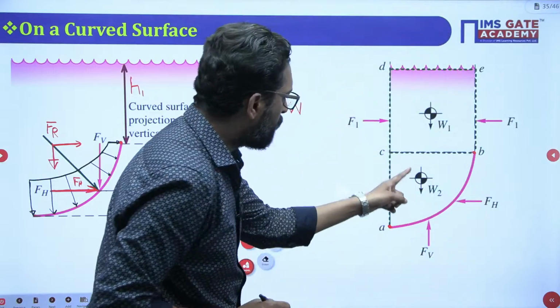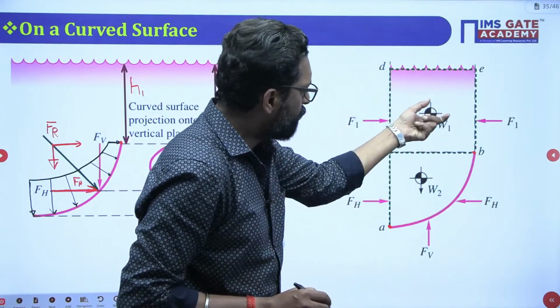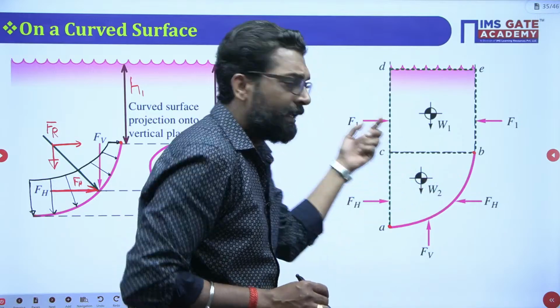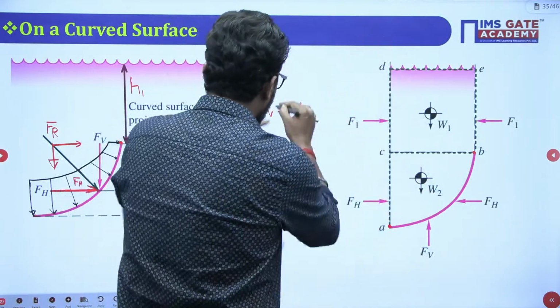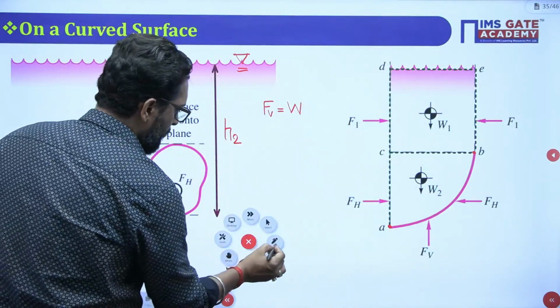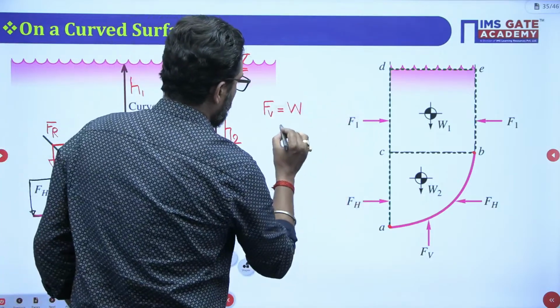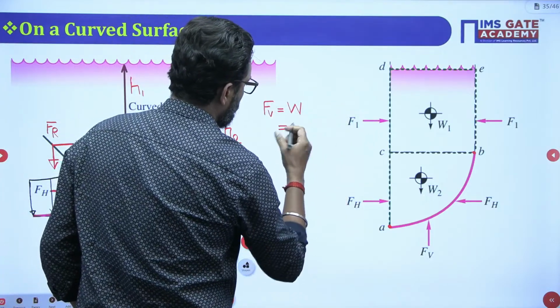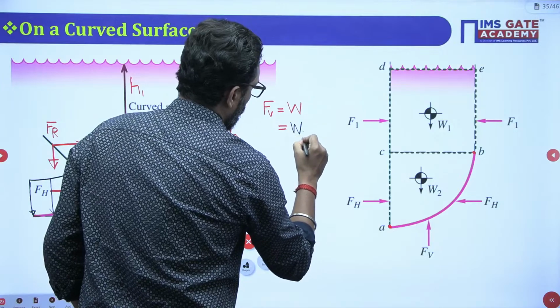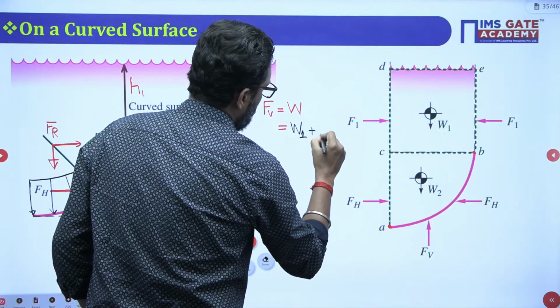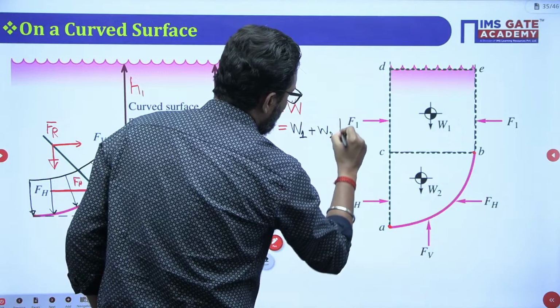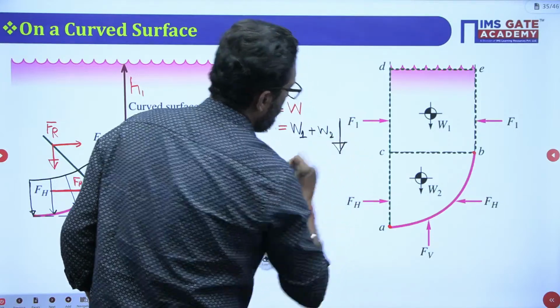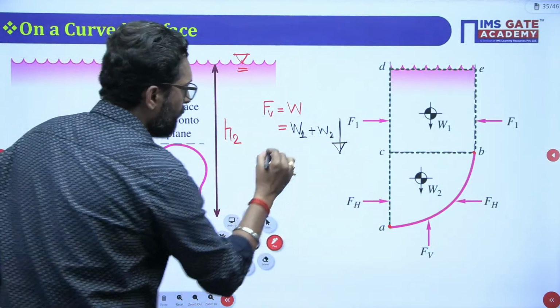So how to calculate? Find first the weight of this one, second the weight of this one, equal to the vertical force. So the net vertical force is equal to W1 plus W2, and it will act downward. What is W1, my dear?